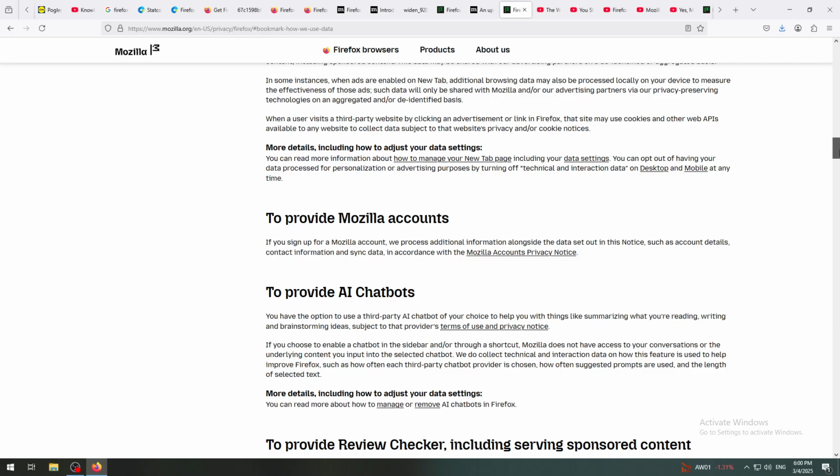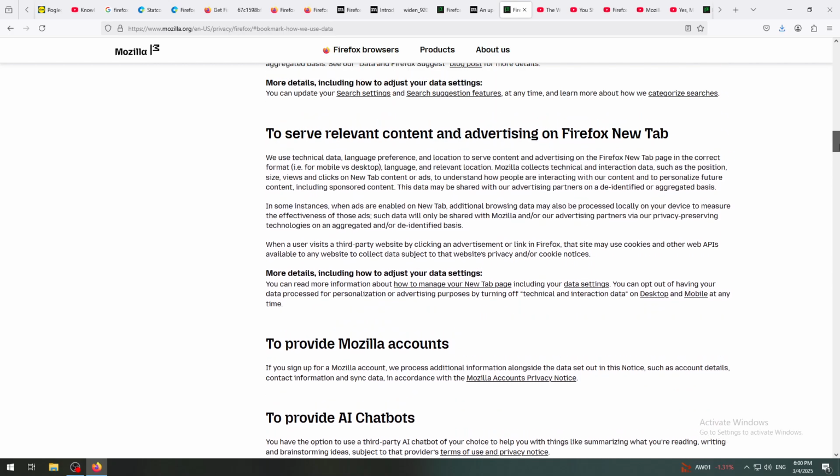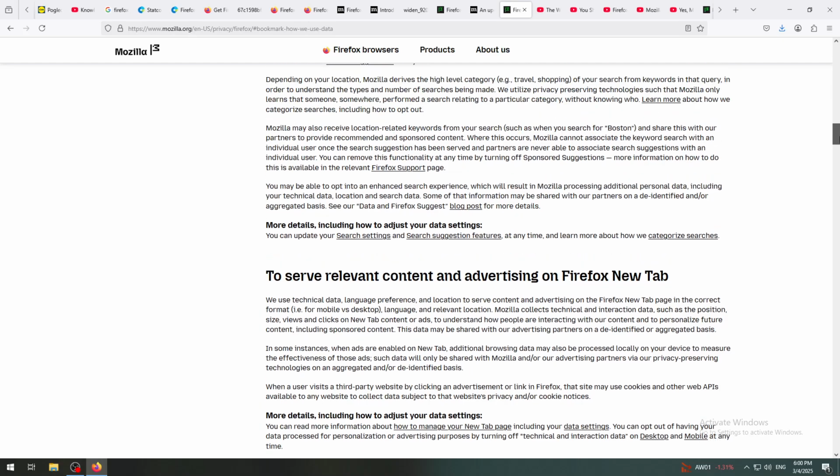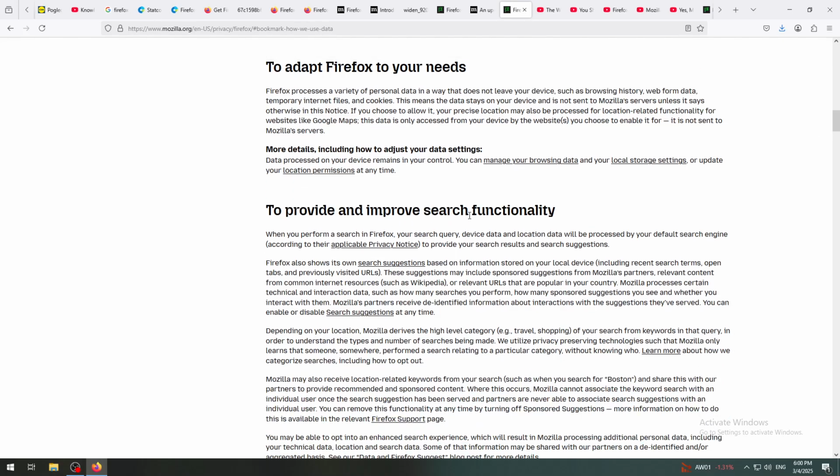So for example, if I don't want to use my data for training other companies' chatbots, I would have to read about it and remove it and manage it. So it's not removed and not working by default. By default, they're probably harvesting your data, not the opposite. Same with advertising, same with search functionality and so on.